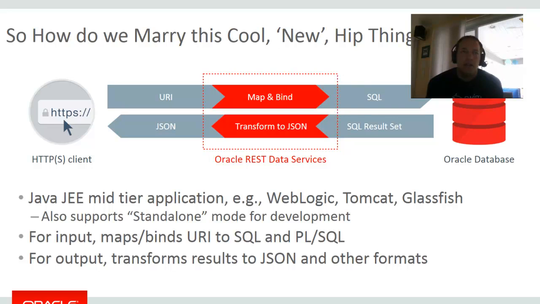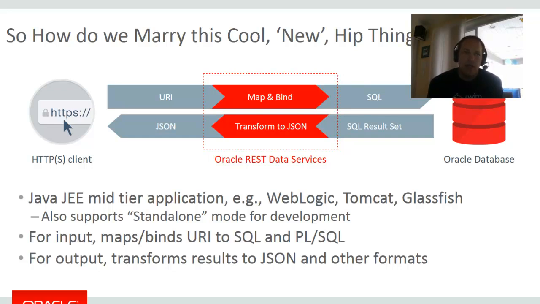So that's really all ORDS is doing. It's providing access to the database. It's implementing that REST model, and it's translating from the REST verbs, get, post, put, deletes, into SQL and PL/SQL to execute to make things happen in the database.